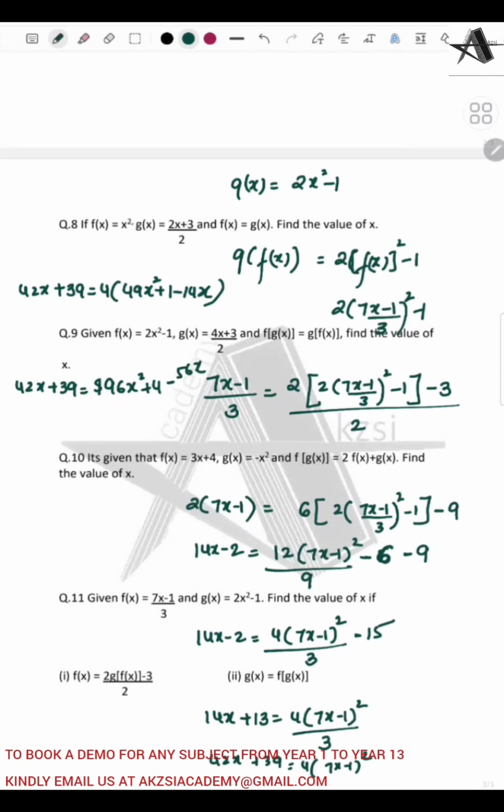Bringing all to one side, it will be 196x squared minus 98x, and finally minus 35 equals 0. Now we just need to apply the quadratic formula to get the answer.